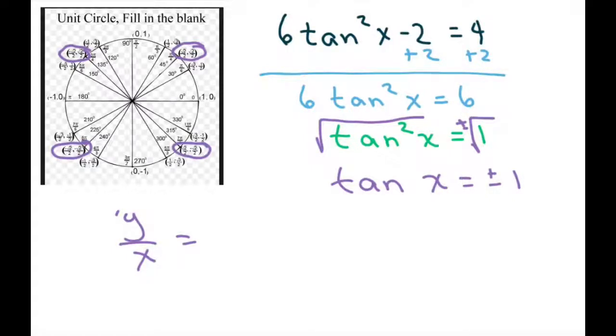So for the positive 1, the numbers have to be the same. So that would be pi over 4 and 5 pi over 4. For tan to be negative 1, the numbers have to be opposite signs. So that would be 3 pi over 4 and 7 pi over 4.